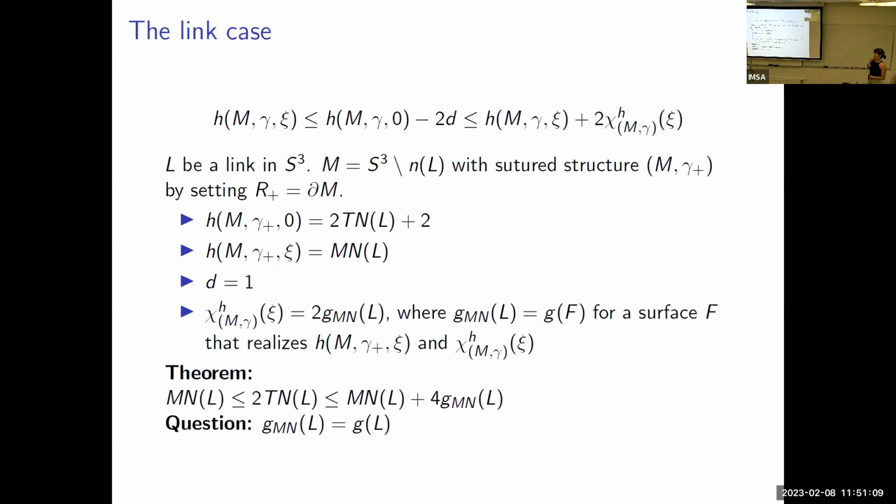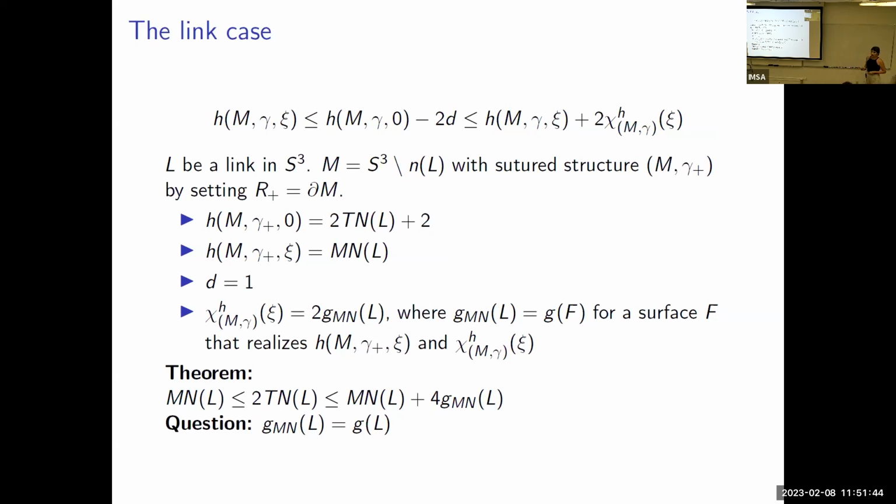Is the genus of the link always less than? Oh, yes. This is the lower bound. It is always known that this is going to be greater for the Morse Novikov genus. The Morse Novikov genus is realized by an incompressible Seifert surface. The question is, can it be realized by a minimum genus Seifert surface?